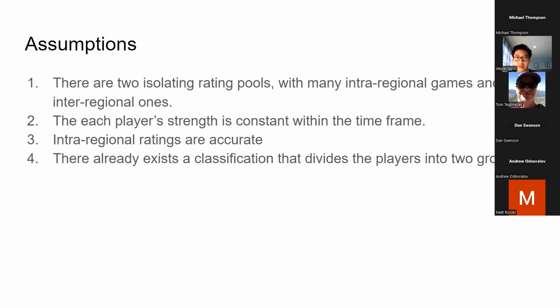I also assume that, relatively speaking, the ratings inside the region are accurate enough, and that there's already a classification, such as geographic, that divides the players into categories. So these are all assumptions that could introduce further work if removed, but they provide a good ideal model for my project to continue on.